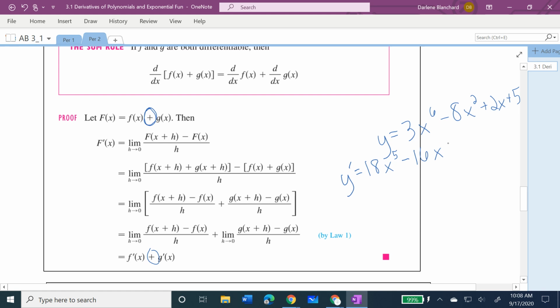But now what about that 2x? You guys have the right answer. But I was reminded in first period that I need to take a moment to talk about that. 2x. I'm just going to have that over to the side.